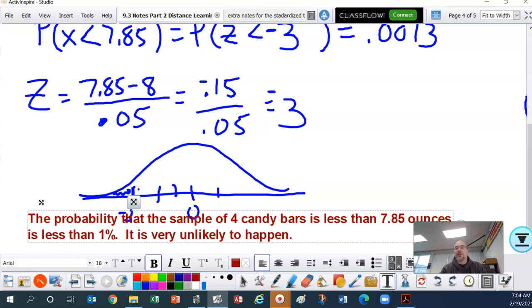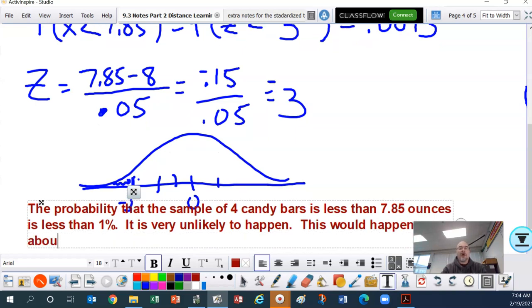In fact, if I go a little bit further with this, look at your place value: tenths, hundredths, thousandths, ten-thousandths. This is saying with that 0.0013, this would happen about 13 out of 10,000 candy bars.